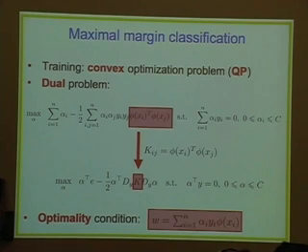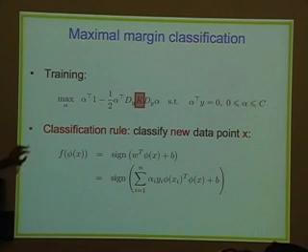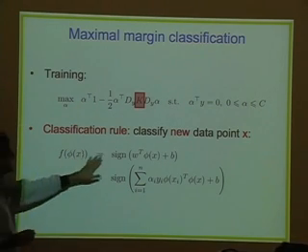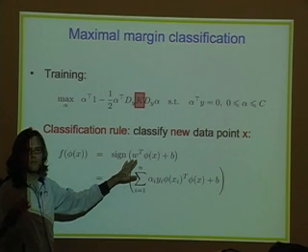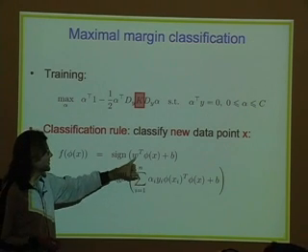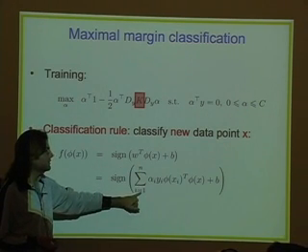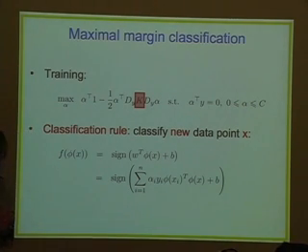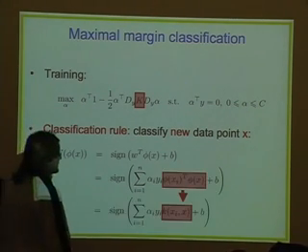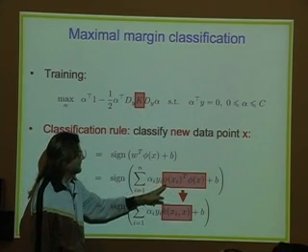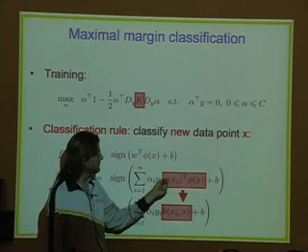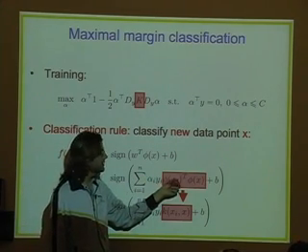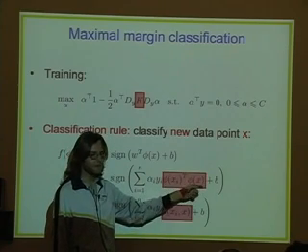Okay, and now using that result allows us to derive one more thing here, which is if we want to classify a new data point x, we need to evaluate this formula here, basically to see on which side of the hyperplane it falls. Now, by substituting this result for W in here, we notice one important thing again, which is that to classify a new data point, the only thing we need to be able to do is evaluate the inner product between all the phi of xi's, the training data points, and this new data point phi of x here.